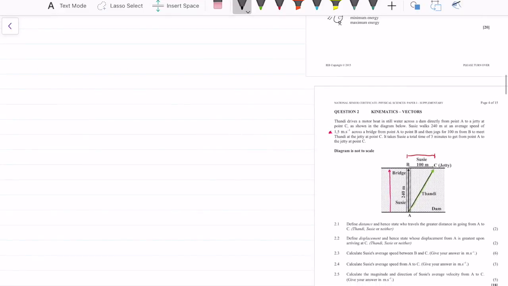Okay, so question 2.1. First we have to define distance and then state who travels the greater distance. So what is distance? Distance is a scalar and it's essentially the length of the path traveled.